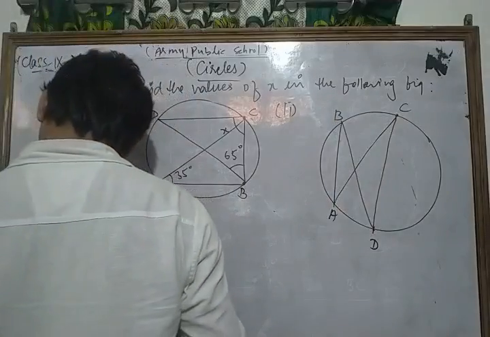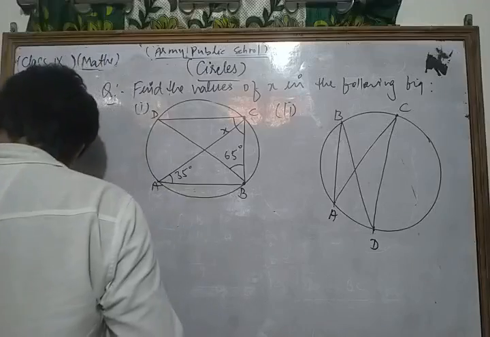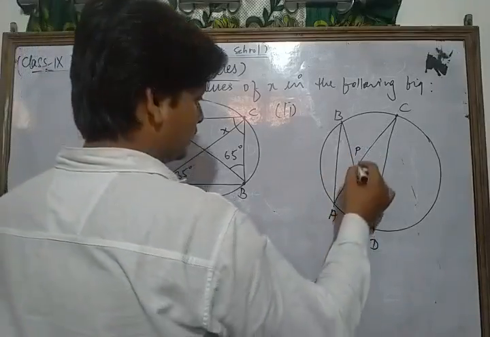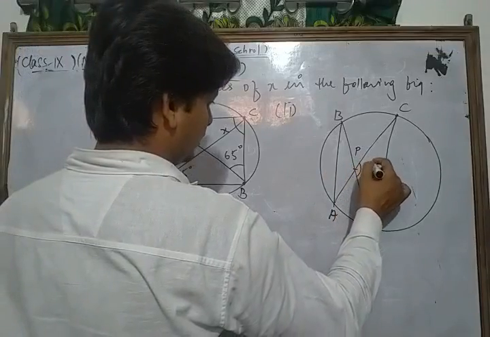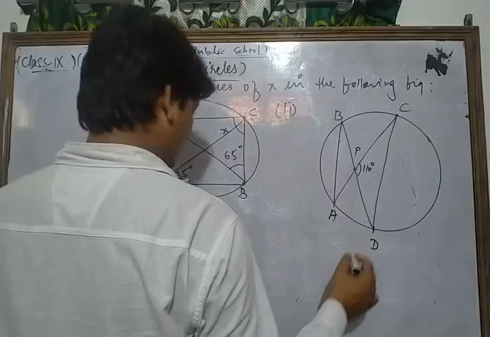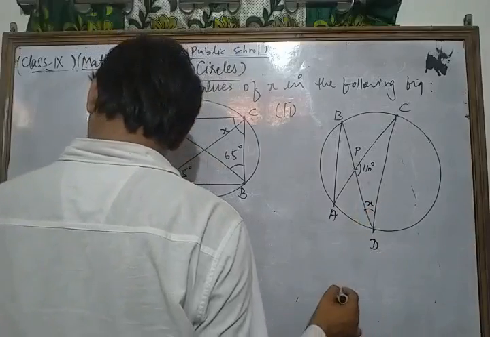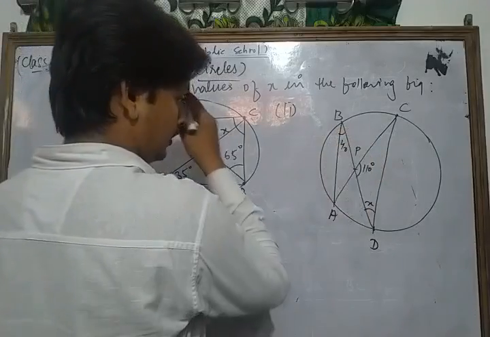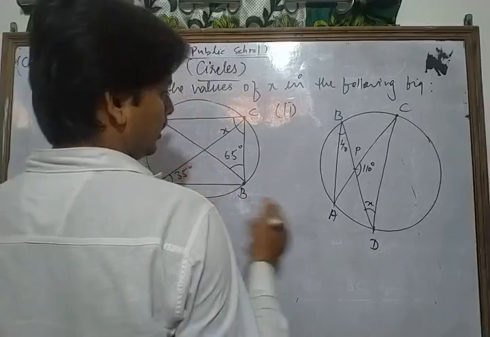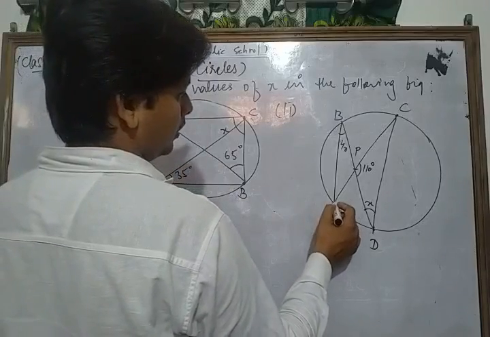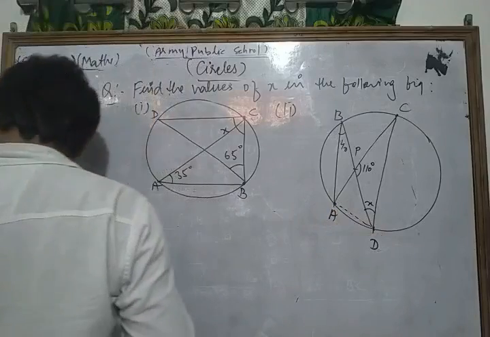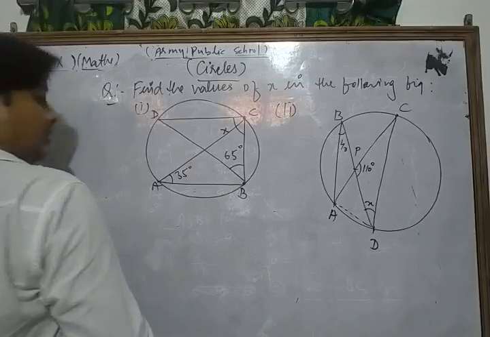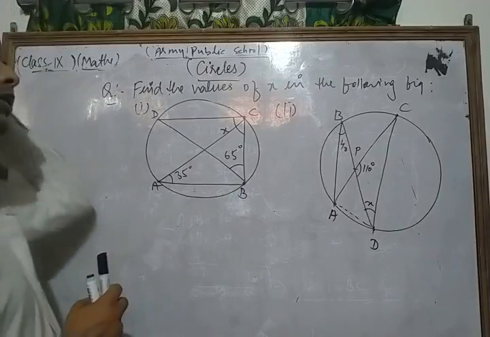Now they intersect each other at point P. So this is 110 degrees. This is x. This is 40 degrees. This is 40 degrees. Okay. Now look. So this is the question.